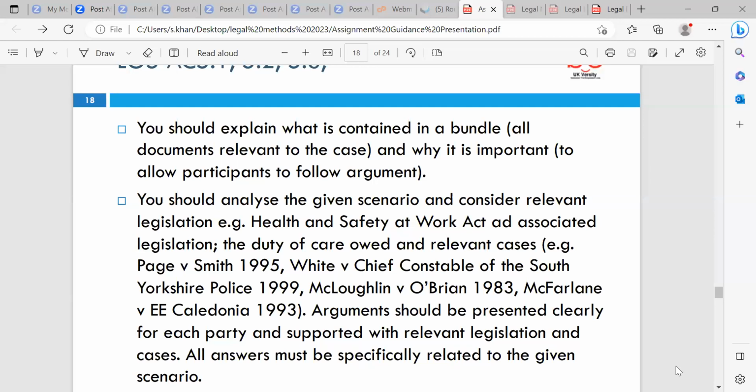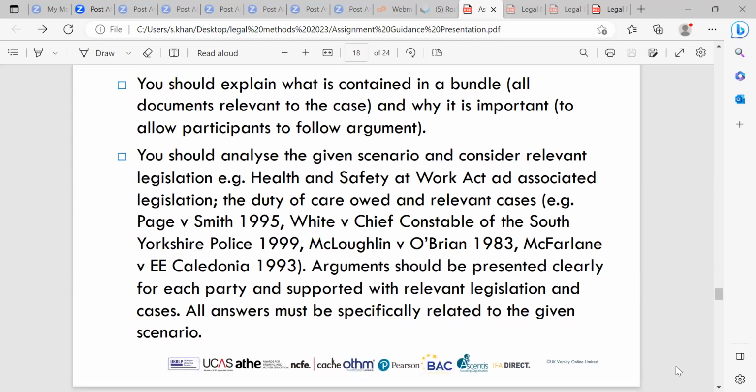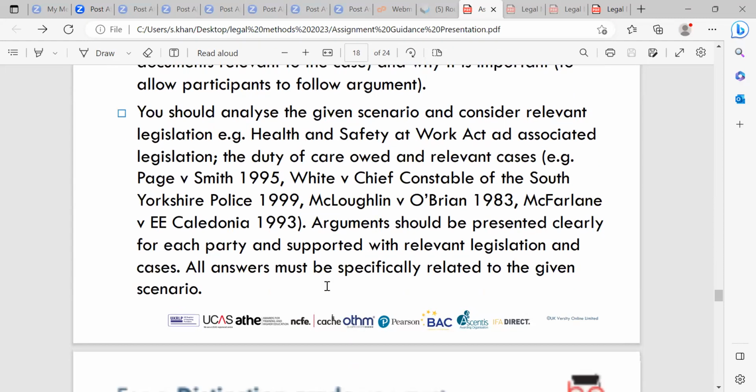Example, Page and Smith, 1995, White and Chief Constable of South Yorkshire Police, 1999, McLaughlin and Bryan, 1983, McFarlane and E.E. Caledonian, 1993. Arguments should be presented clearly for each party and supported with relevant legislation and cases. All answers must be specifically related to the given scenario.